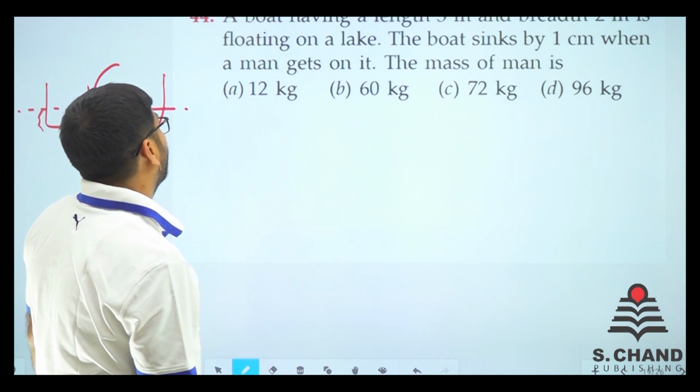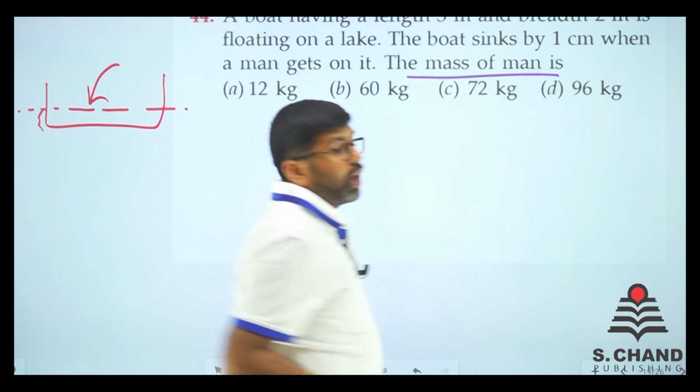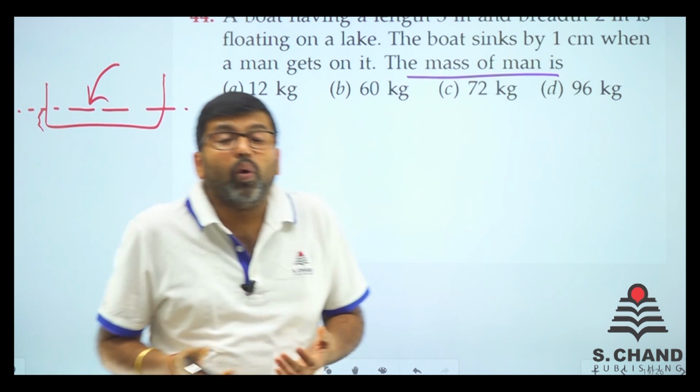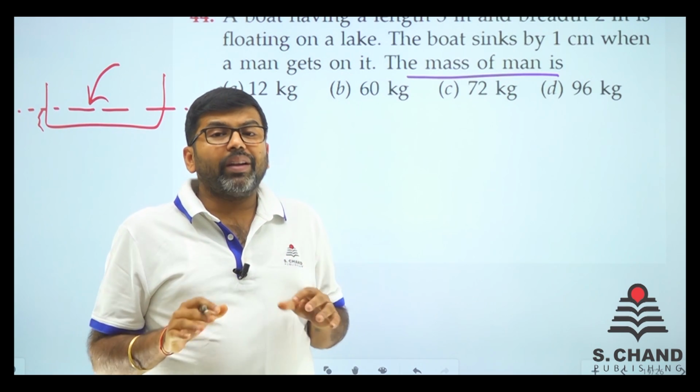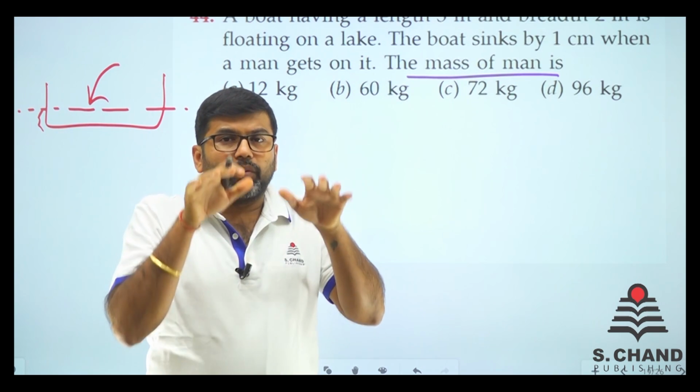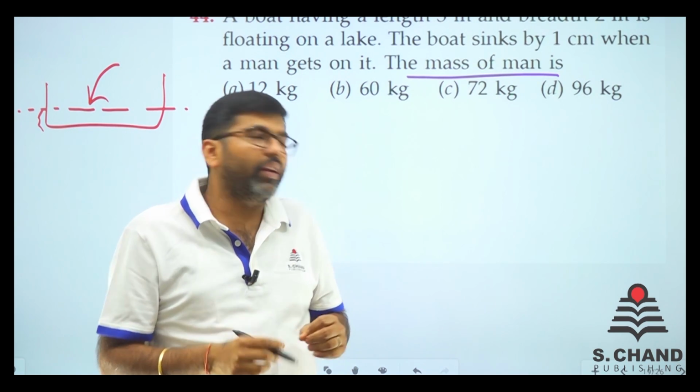It sinks by 1 centimeter when a man gets into it. What is the mass of the man? How will we find the mass of the man? See, the water displaced by the boat will be the actual mass, right?